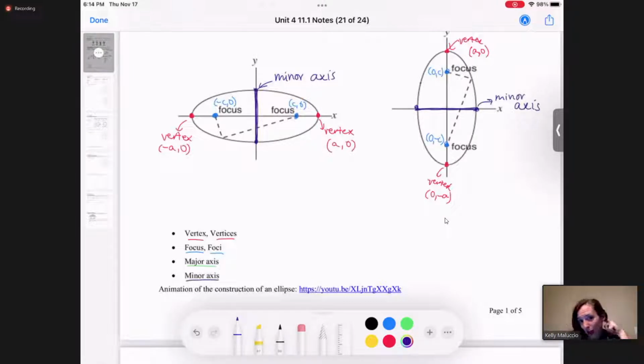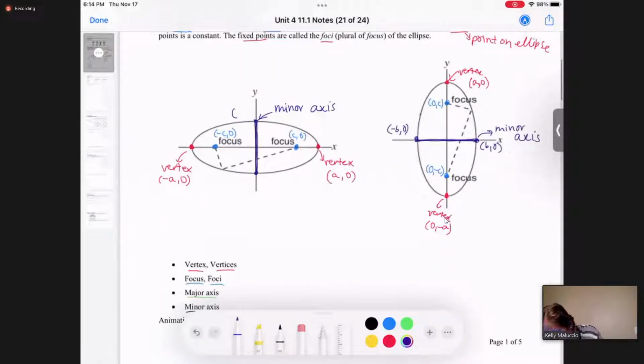Because it's the shorter axis, and maybe these points are negative b comma 0 and b comma 0. I don't know if we'll use this later, that's why I want to label 0 comma b, 0 comma negative b. And then our major axis is this right here, the longer one.